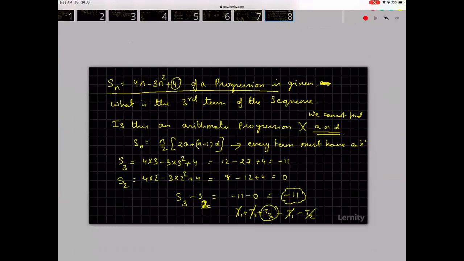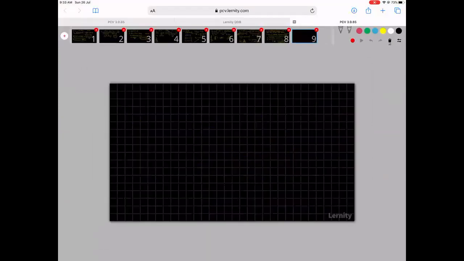Okay, so if you get it, here is the next one. Find the sum of the following to n terms: 1 plus 3 plus 5 up to n terms.